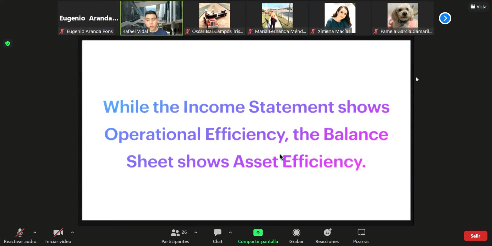So when we look at the different cases we have been analyzing in this class, keep in mind that if we want to look for an operational malfunction or problem, the income statement is the statement we have to go for. However, if we want to look at some problem in terms of investing or in terms of how we use the money we have, we have to go for the balance sheet.